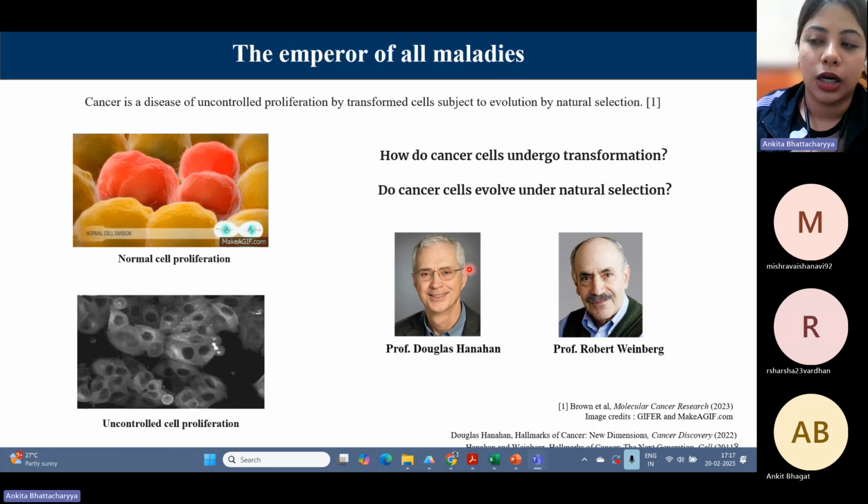If you just go to PubMed, which is a repository for scientific papers, and search for cancer, you'll find an uncountable number of papers actively working on this disease even today. Just go back to the last month and check, and you'll find thousands and thousands of papers. So all of this was assimilated and then presented as an easier way of understanding by these two scientists, Professor Douglas Hanahan and Professor Robert Weinberg.